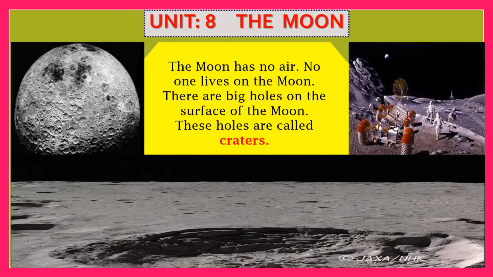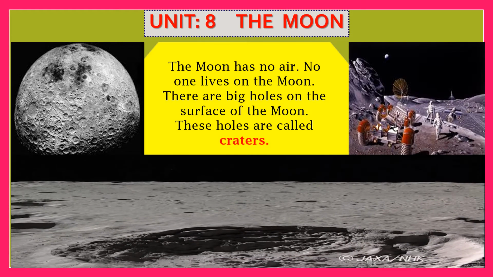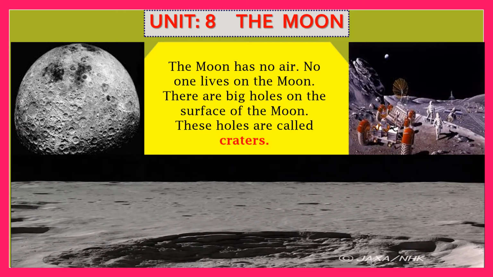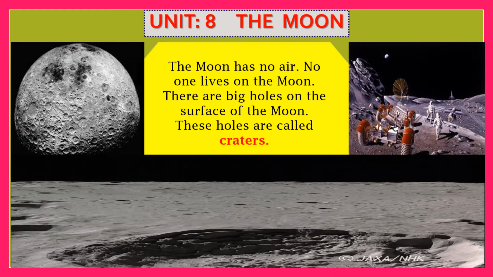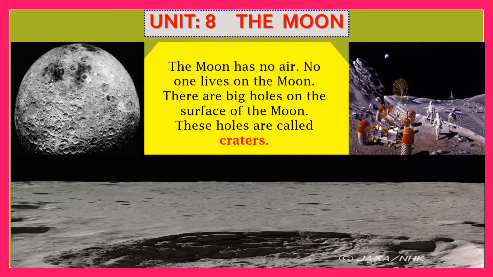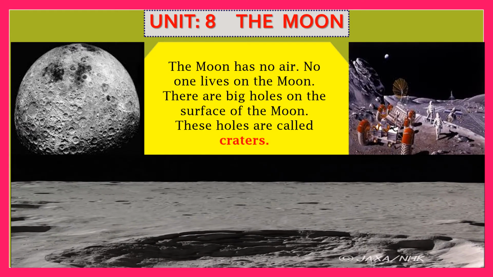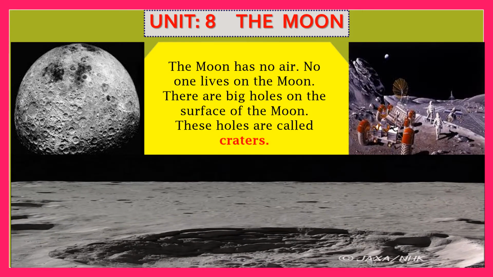So he was an astronaut, and his name is Neil Armstrong, who went to the moon for the very first time, and he went to the moon on his spaceship. As you can see in the picture, he is on the surface of the moon.